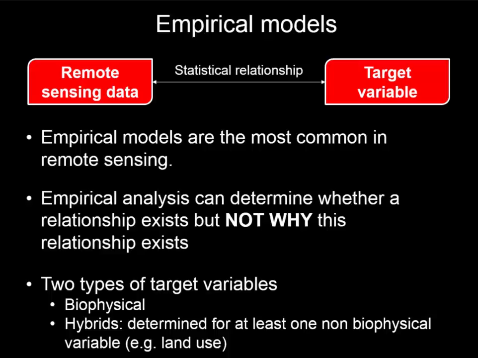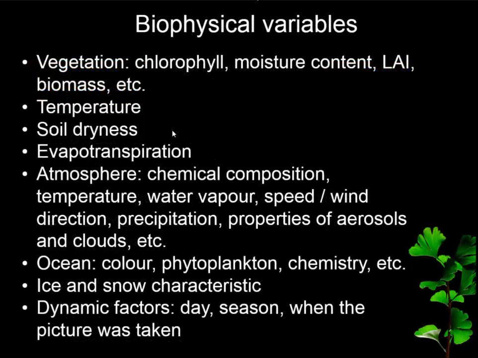Here I list some of the most common biophysical variables used in remote sensing products, like chlorophyll, moisture content of vegetation, temperature, typically for fire detection, or water stress in vegetation, several things from the atmosphere, evapotranspiration, and many others.